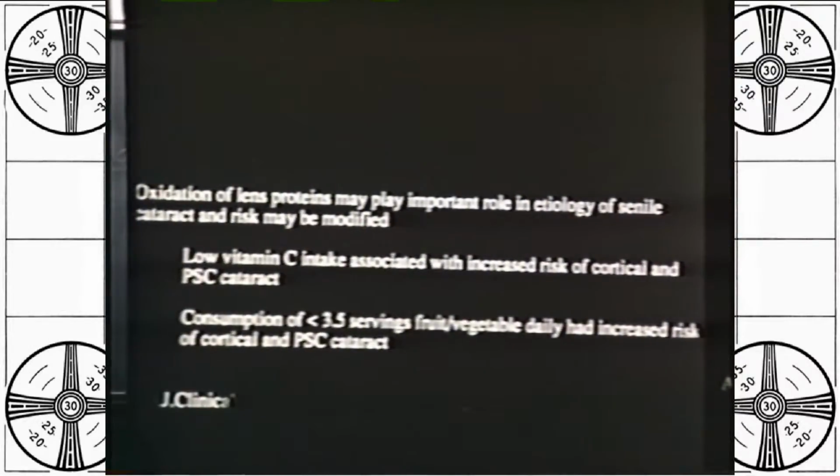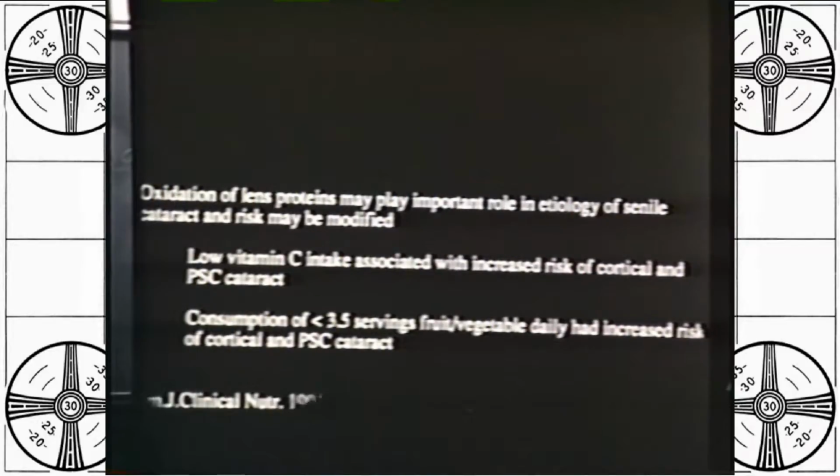So further study goes on, and another article out of the Journal of Clinical Nutrition showed that oxidation of lens proteins may play an important role in cataract risk, and they noticed that patients who had low vitamin C intake had an increased risk of cortical and capsular cataract.